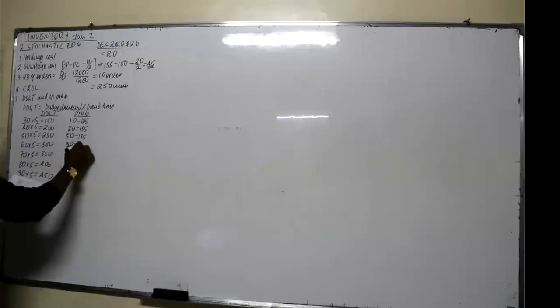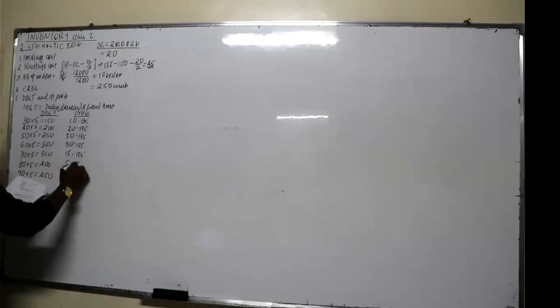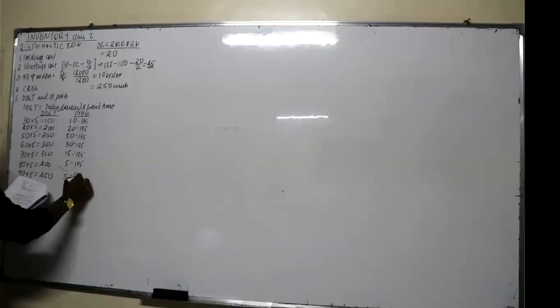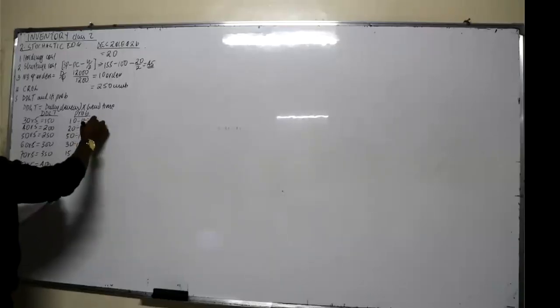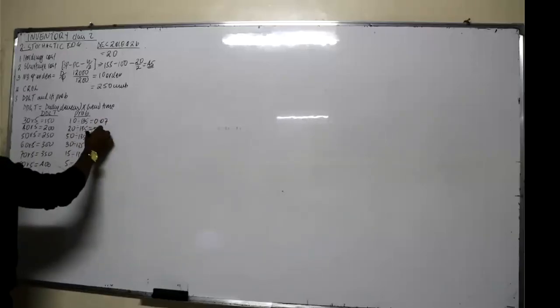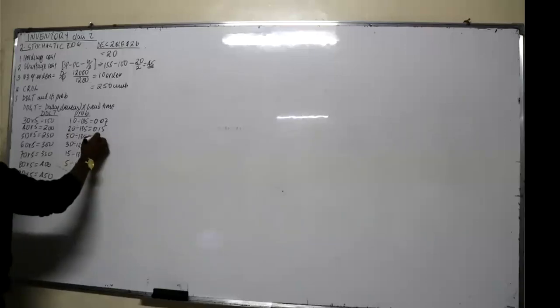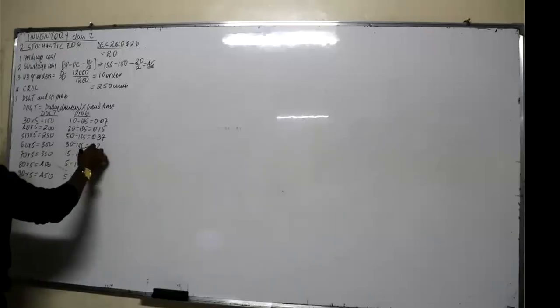Now give me into 2 decimal places. The first one you get 0.07? 0.15. 0.37. 0.22. 0.11.